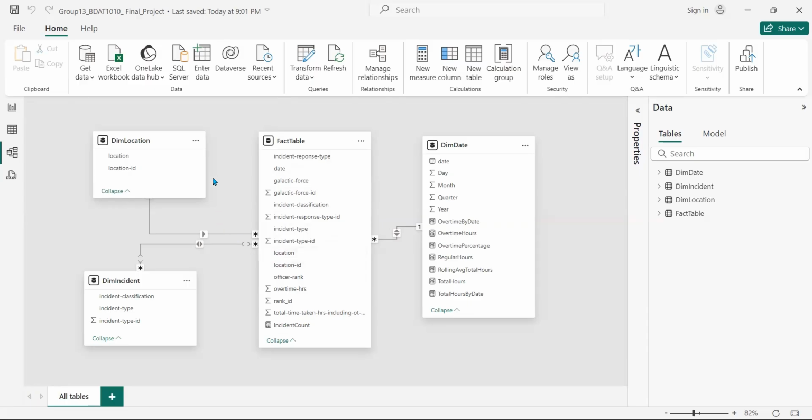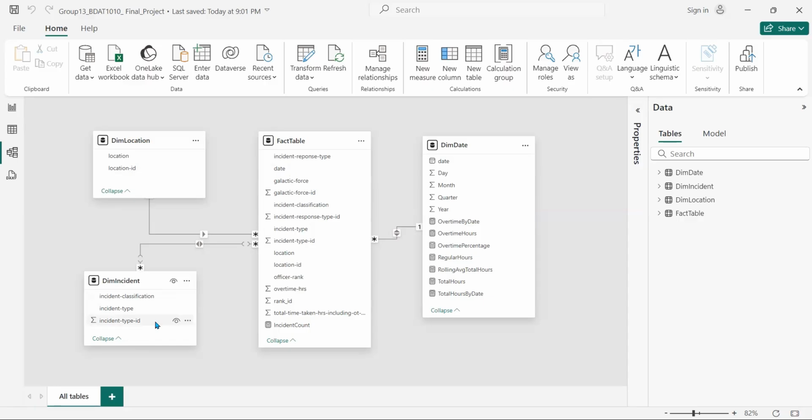Looking at the dimension tables, under the location dimension, it has two main columns, location and location ID. The location ID is a primary key, and it provides basically the geographical context for further analysis. If we look at the dimension incident, it has incident classification and incident type, and also the primary key, which is the incident type ID.